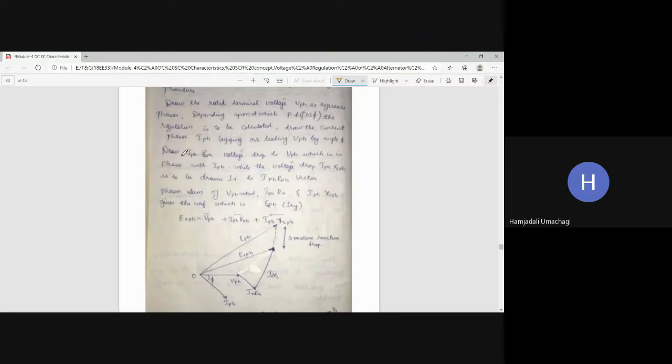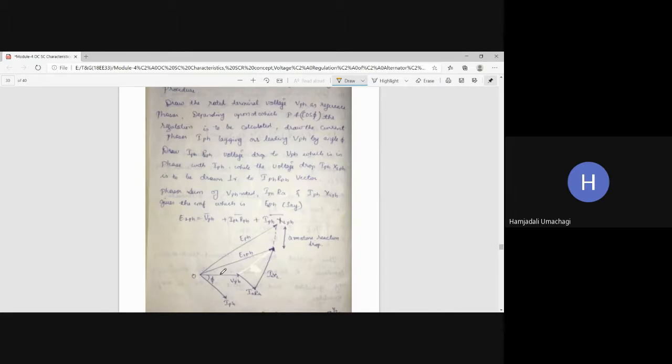Then after that, draw IPH RA. From the tip of V phase, you indicate the drop because of the armature resistance, that is IRA. How to decide the direction of IRA? It is a resistive drop, so parallel to whatever the direction of armature current is, you show the direction of IRA immediately from the tip of V phase.